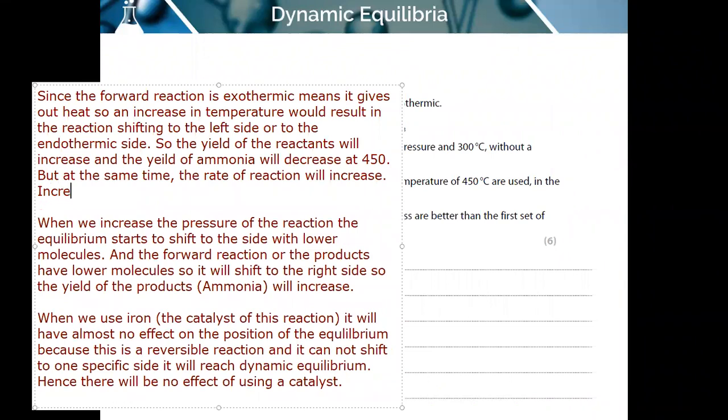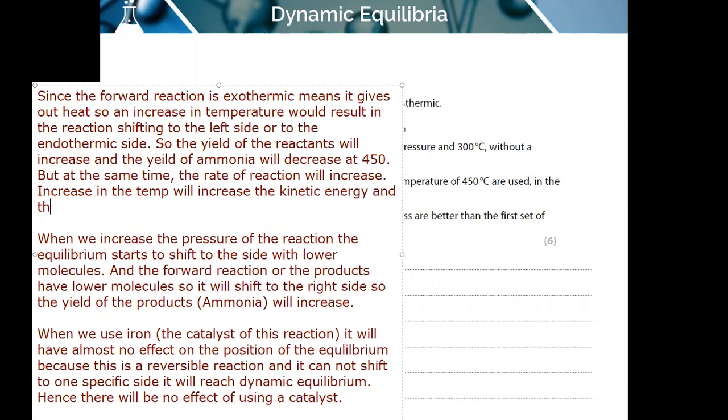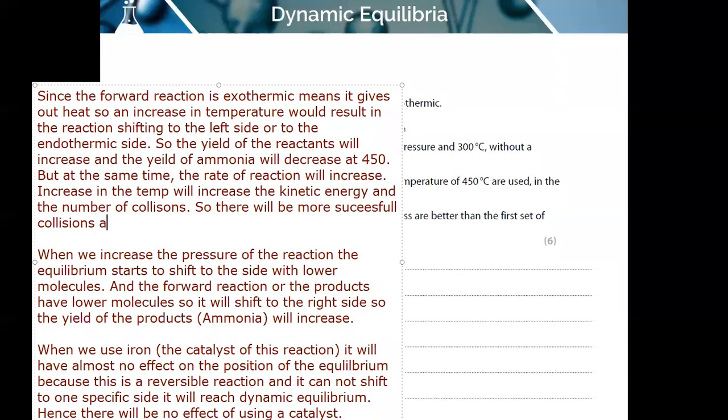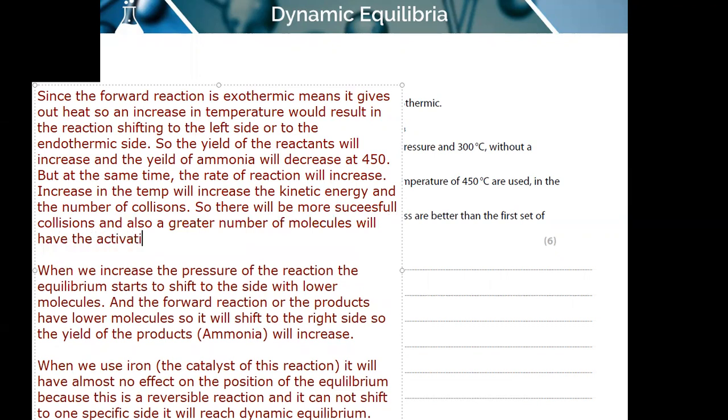An increase in the temperature will increase the kinetic energy of the particles, so there will be more collisions, more successful collisions, and also a greater number of molecules will have the activation energy.